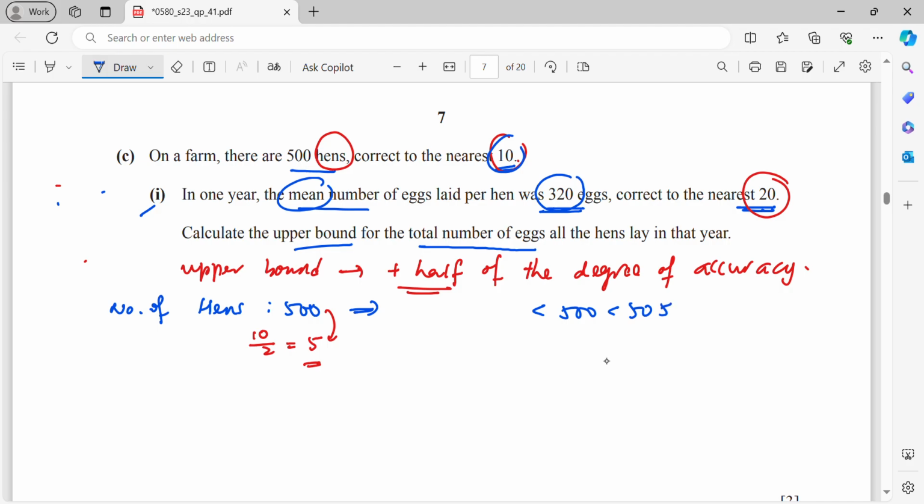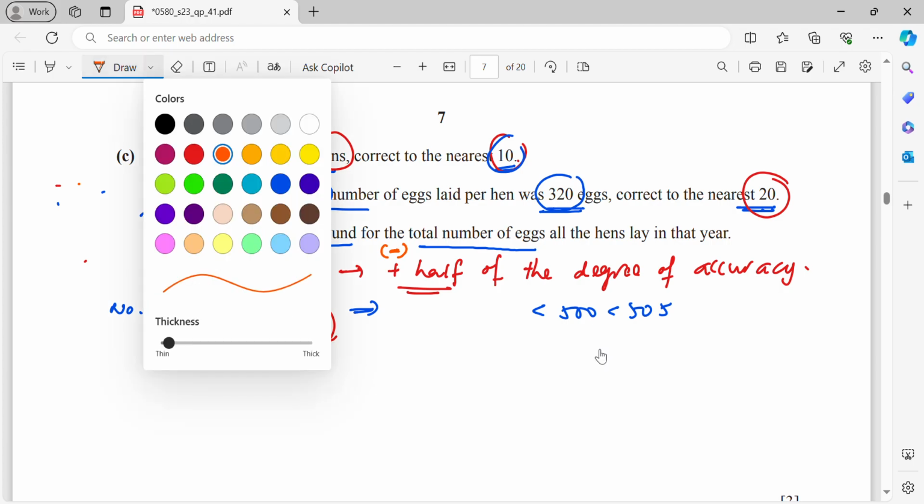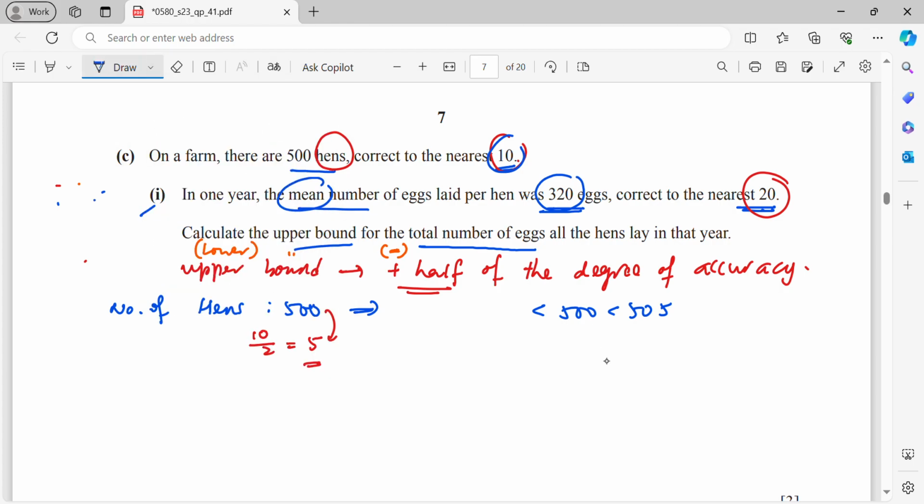For the lower bound, you minus. So 500 minus 5 will be 495.